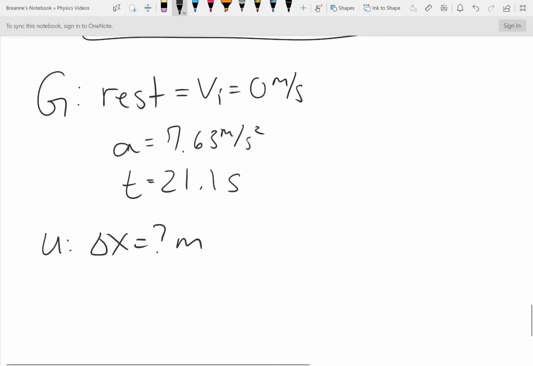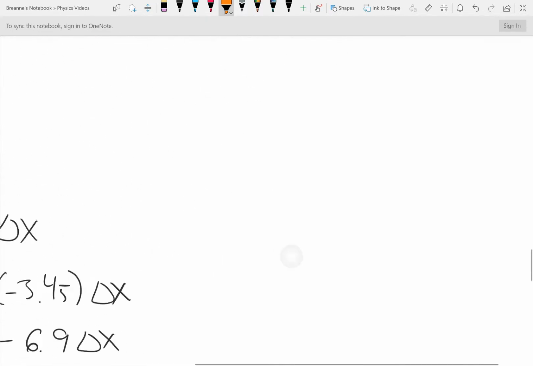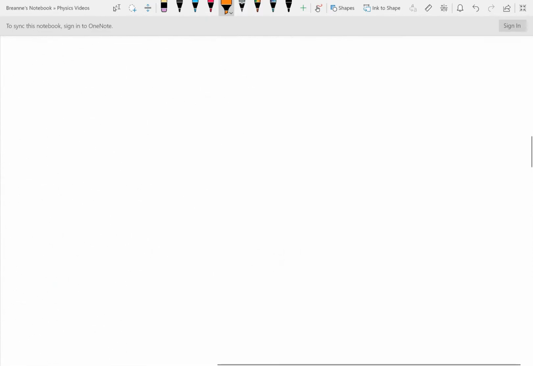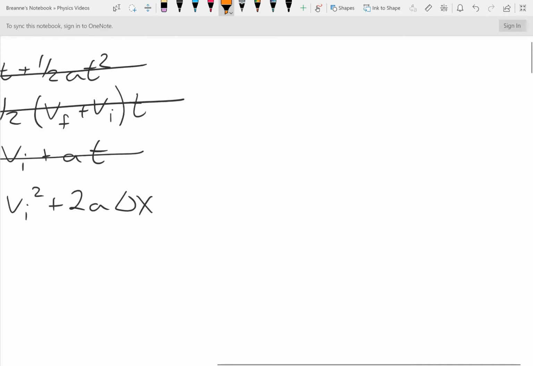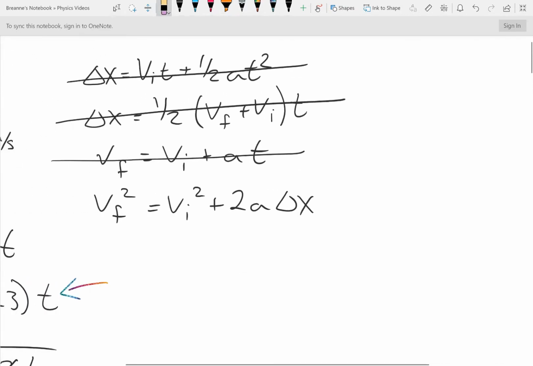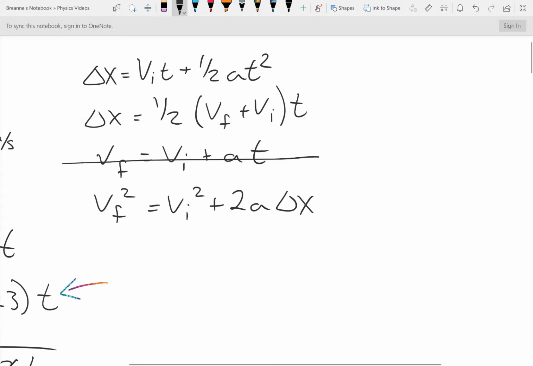Again, looking at our equations, we have to have displacement in the equation. The only one that doesn't have displacement is that one. But we also do not have final velocity.